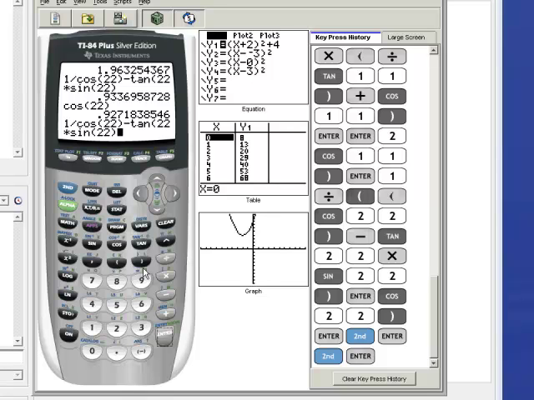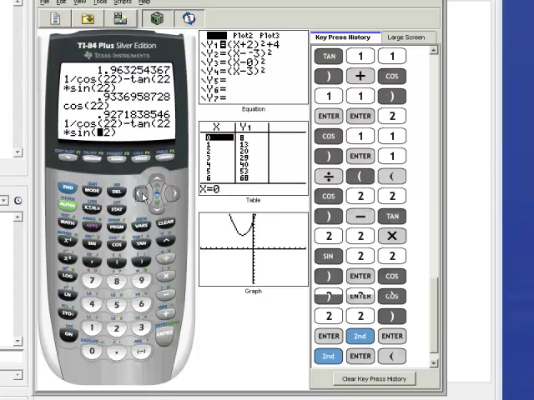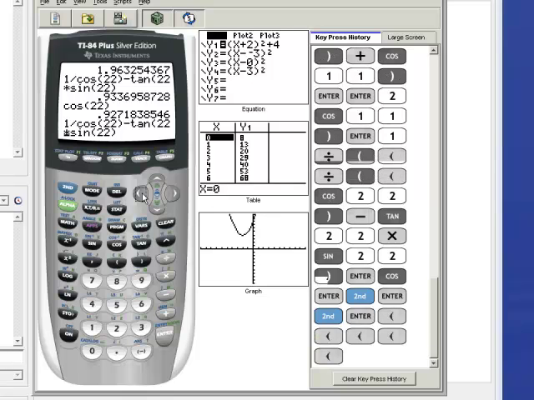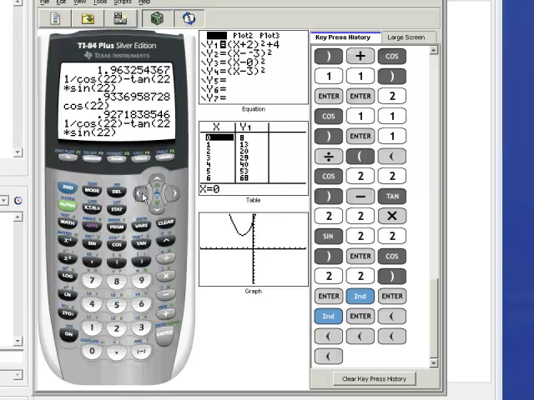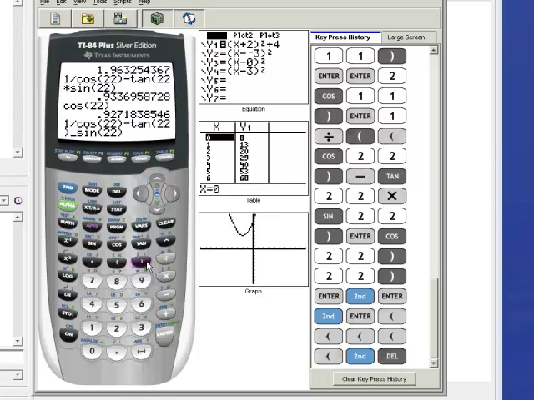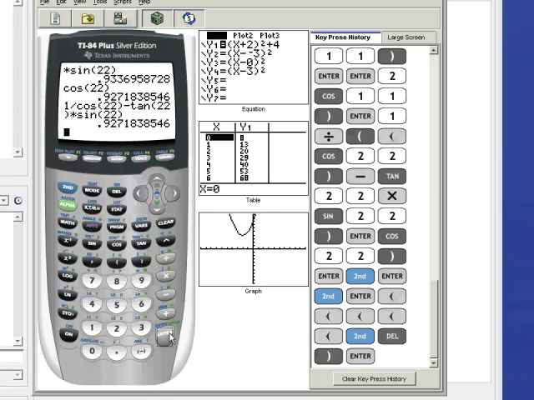Secant is the same as 1 over cosine, and then I subtract tangent of 22. Oh, yeah. Gosh, another little mistake here. It's a whole lot easier on a real graphing calculator to type with my fingers than it is here with the cursor to move around. Here's where I made my mistake by trying to move around with the cursor. I forgot to close the parentheses behind the tangent. So I do that right now, and I come up with 0.927, just like it should be.